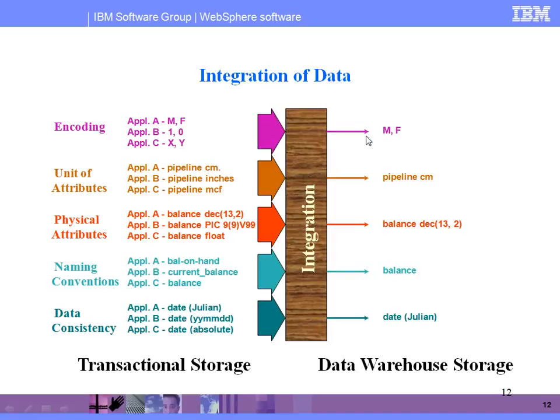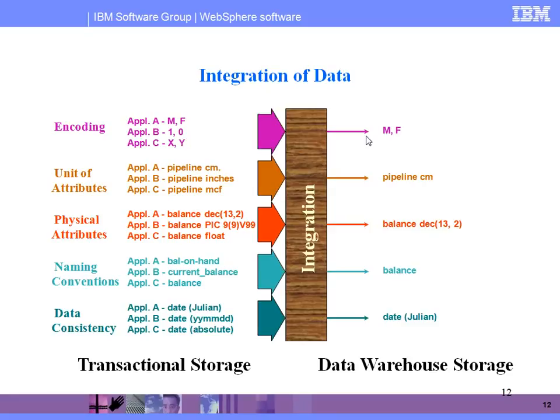It means that when we receive data from multiple source systems, we combine it and load it into a single target, in the M comma F format.